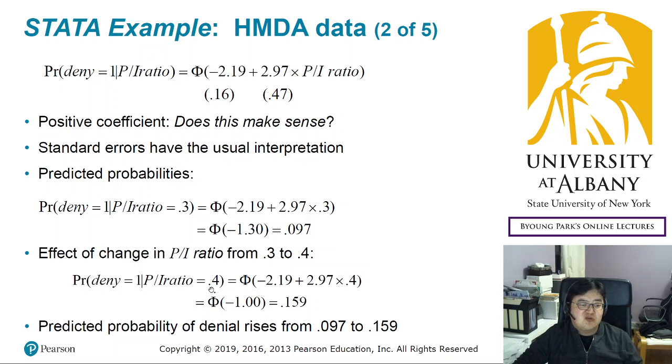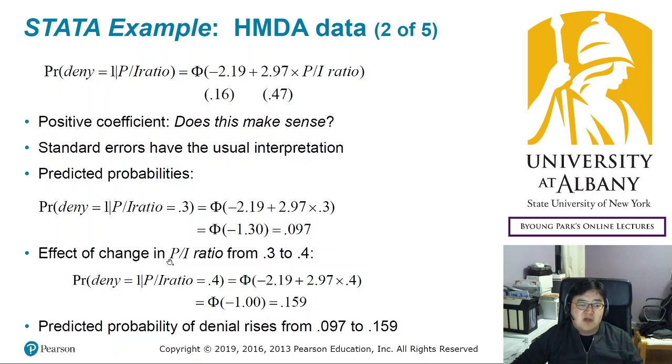Similarly, you may calculate the denial probability at 0.4. When PI ratio increases to 0.4, then your score increases to minus 1. And the probability below minus 1 from the standard normal distribution is about 15.9%.